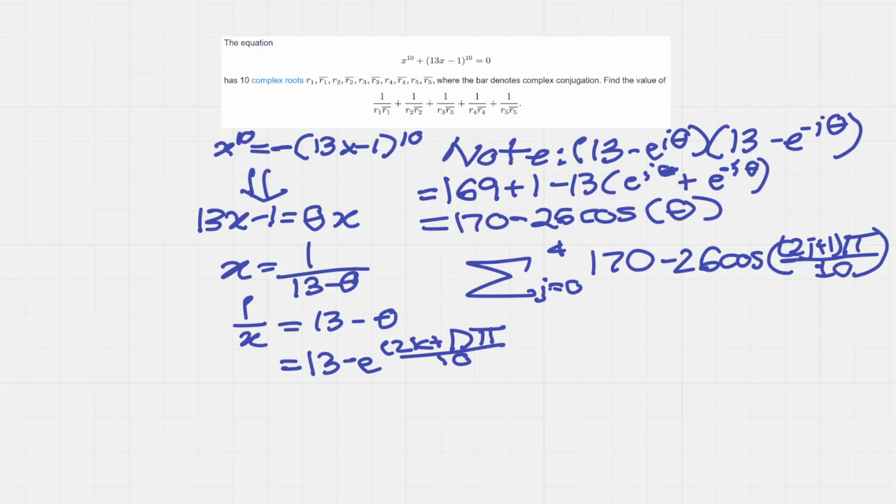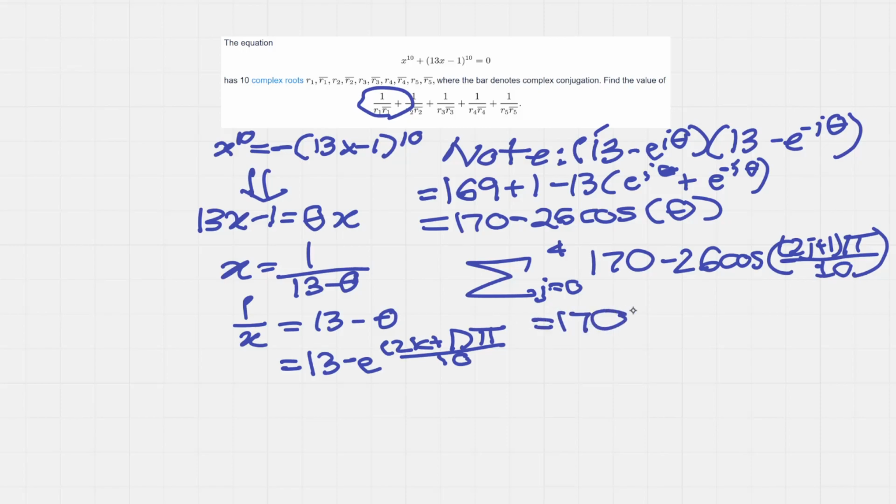So we have solutions of the form 1 over x. What happens when we multiply them with their conjugate, which is what one of these terms is, we get this. And now we just sum this product for all these 5 terms, j equals 0 to j equals 4, and we get this summation.